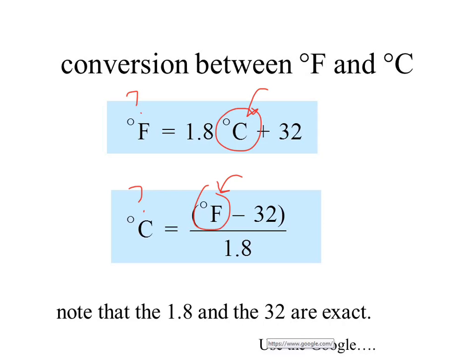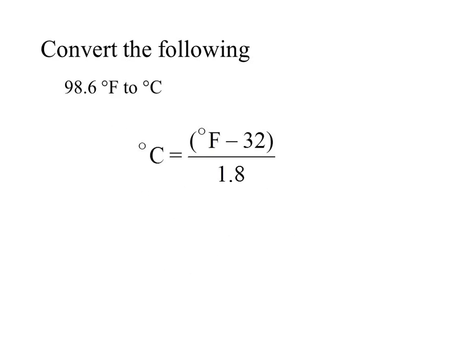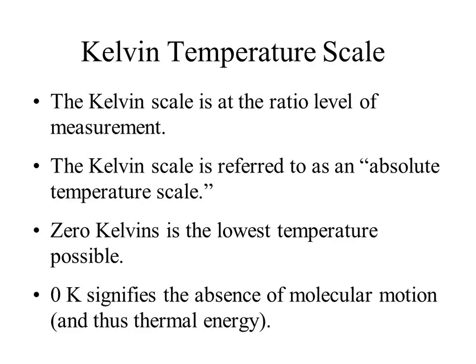And like this says, the numbers 32 and 1.8 have no uncertainty associated with them. Like I said, you're not going to have to do these, but we could use the previous equation to go from 25 degrees Celsius to its Fahrenheit temperature, and 98.6 degrees Fahrenheit to its Celsius temperature. Oops, sorry.